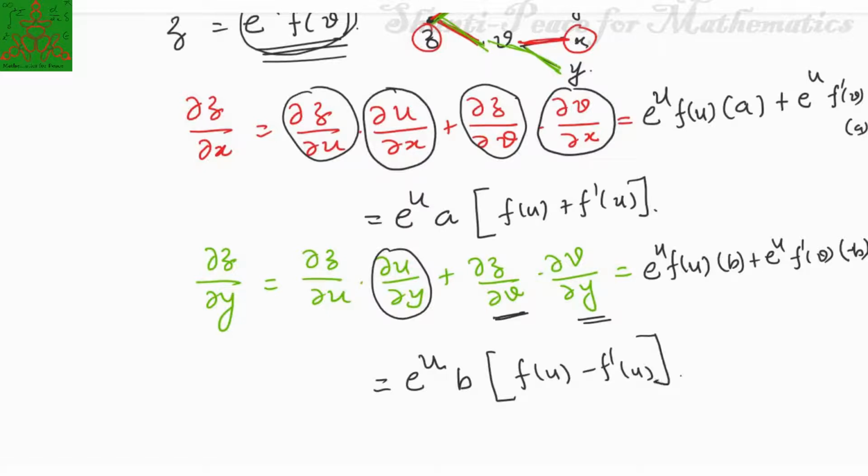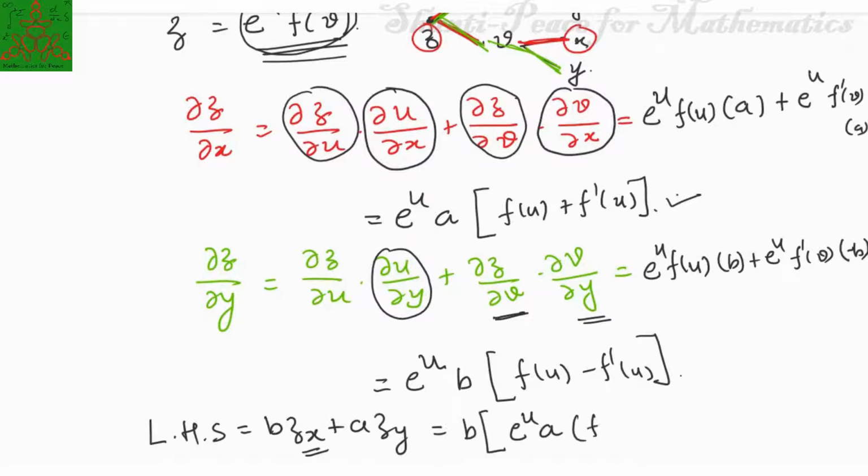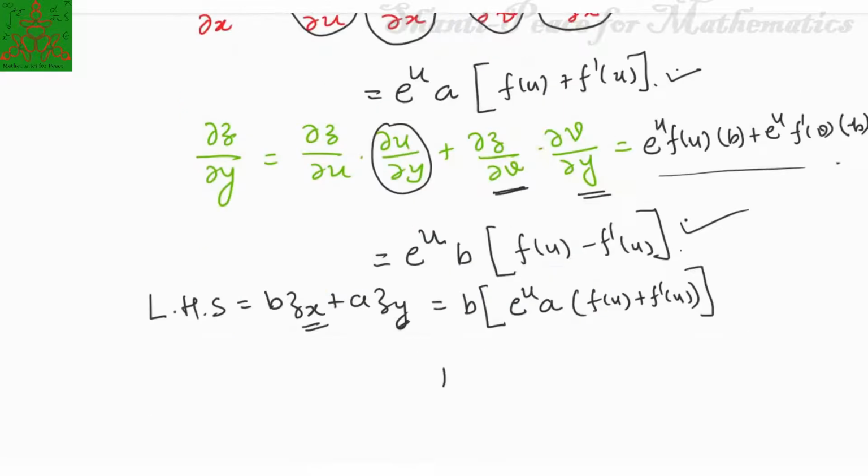Now the question is to compute, so I am starting with the LHS, that is b z_x plus a z_y. So that is equal to the z_x we have calculated as this value, b into e^u into a, f(u) plus f'(u), plus a z_y, which we have calculated as this value, so that's why e^u b, f(u) minus f'(u).